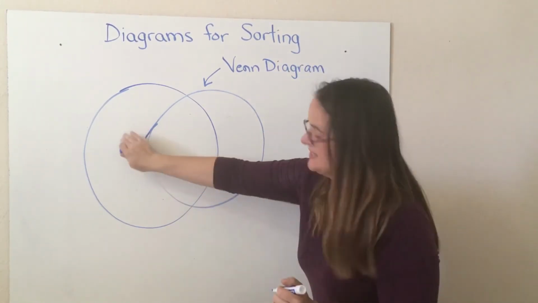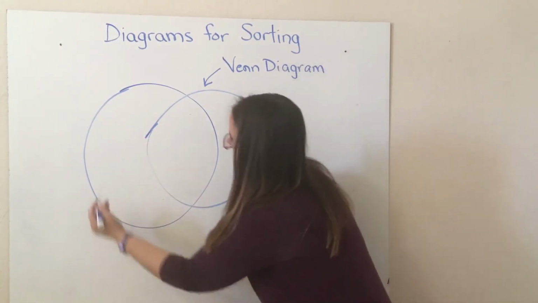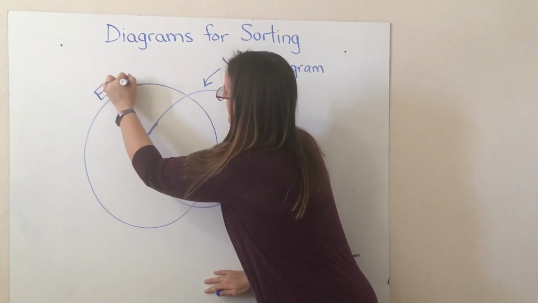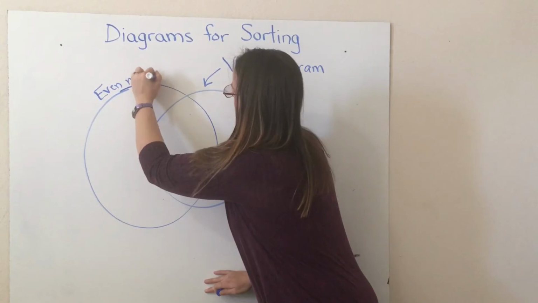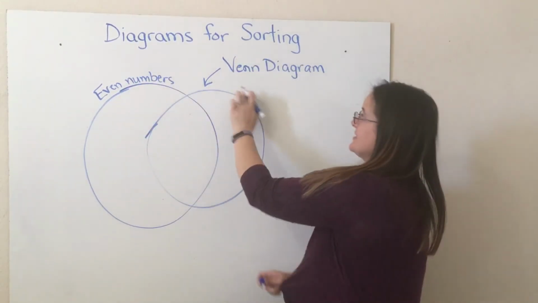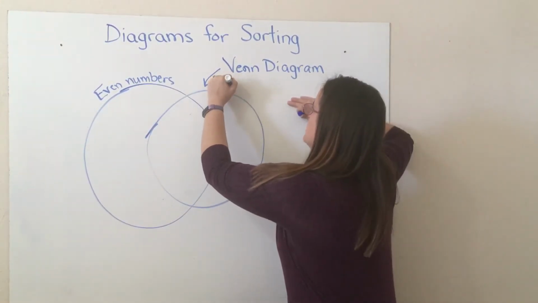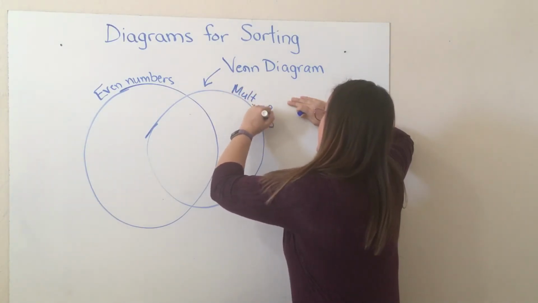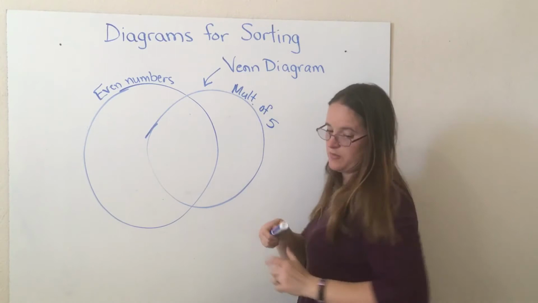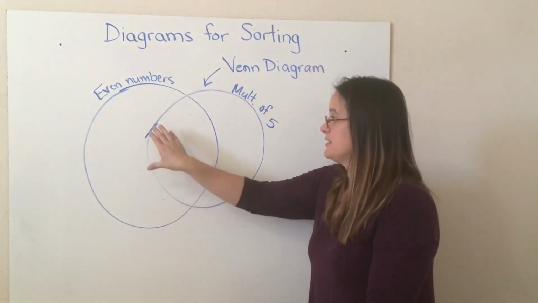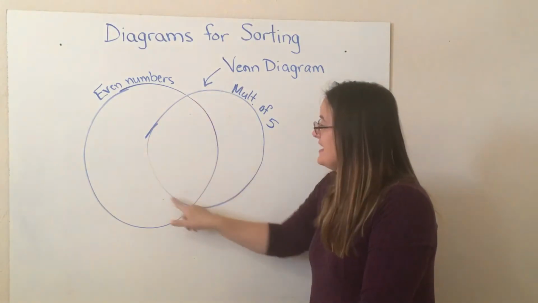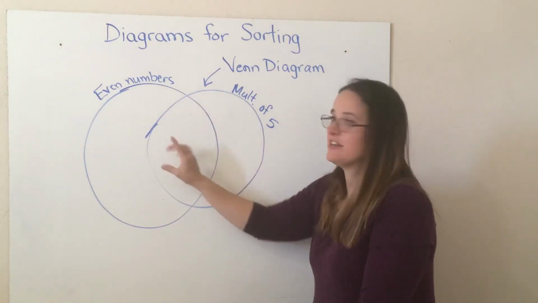So this side is going to be even numbers. And this side is going to be multiples of 5. So we may come across a number that is both even and a multiple of 5. And in that case, it'll go in this section in the middle here where they overlap.